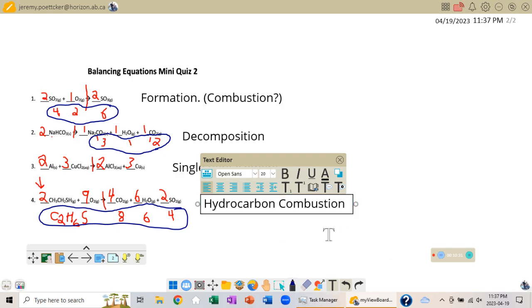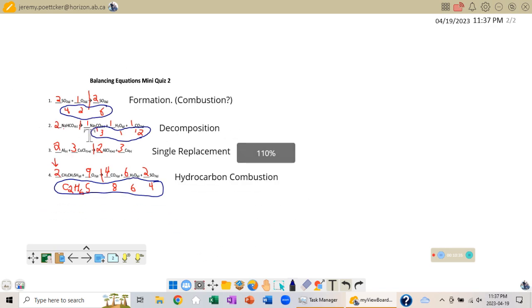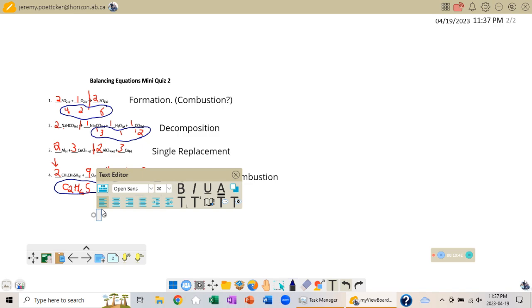Now again, just so you can see our other type of reaction that we could do, a little bit harder to write in this program, but I'll just show you the other type here in words.